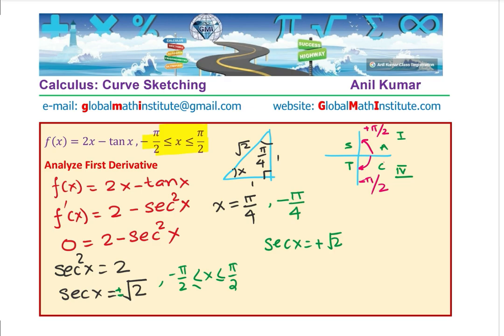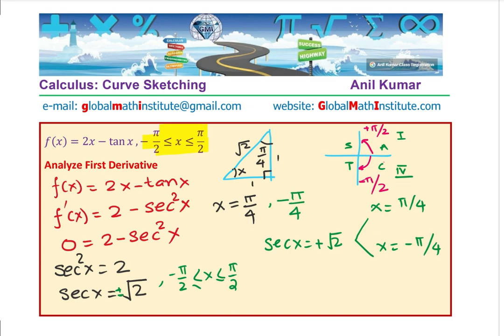And therefore, for this particular positive value, we have our critical number, right? And that gives you two values of x. One is x equals pi by 4, and the other one is minus pi by 4. Absolutely clear, right? I'm repeating it purposely, since we have to restrict ourselves to the given domain, right?